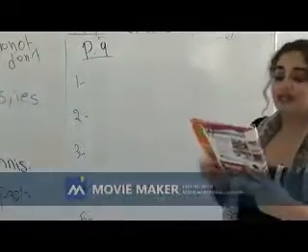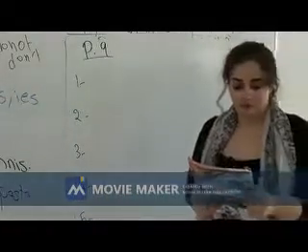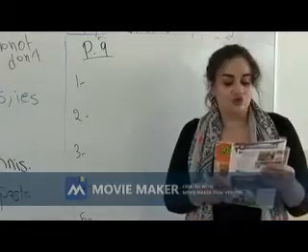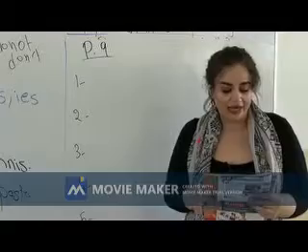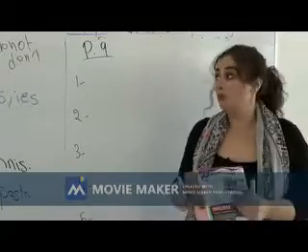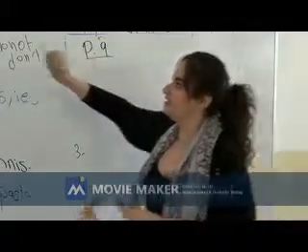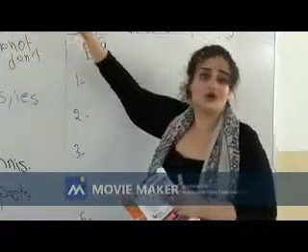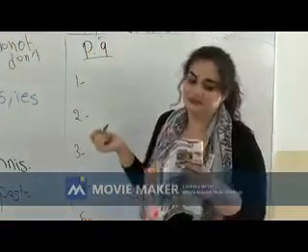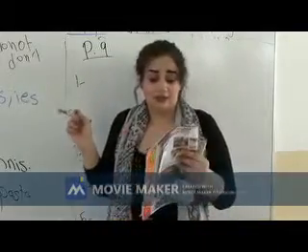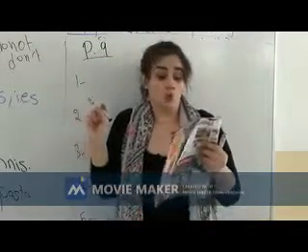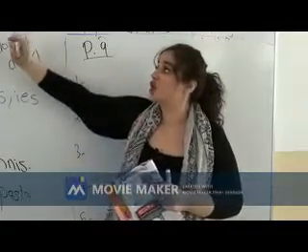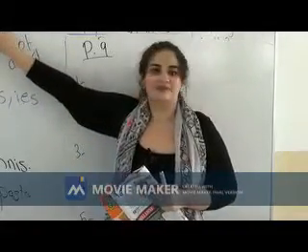Let's start. Number 1, William. William, it's he. "William do his homework when he gets home." William, it's he. So, I'm going to put S or ES or IES. I'm going to put what? Do. What is that? The last letter is O. Miss Madden told you what?